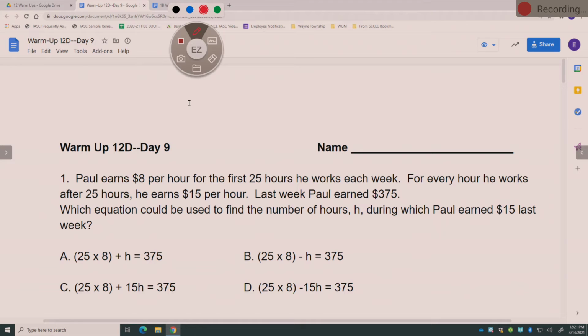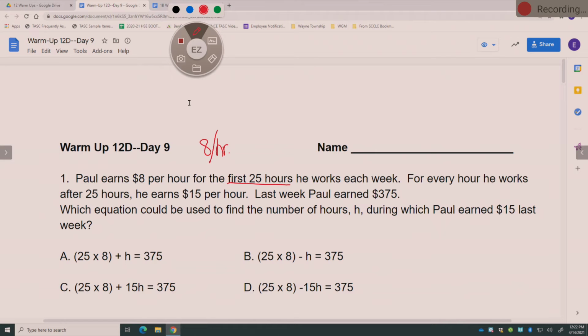375 is the total that he earned for the week. So that's going to be on the right side of the equation. We just have to figure out what's on the left side. Well, we know that for the first 25 hours, Paul earns $8 an hour, right?